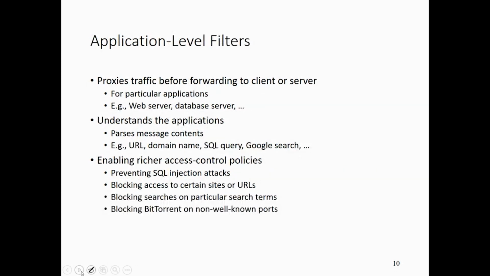The third type of firewall is called the application level filter firewall, and sometimes it's called a proxy firewall, because it examines the application used in the packet. For example, whether this packet is a web server packet or a database packet, based on the application layer protocol.